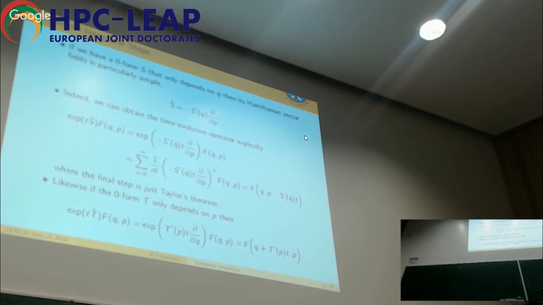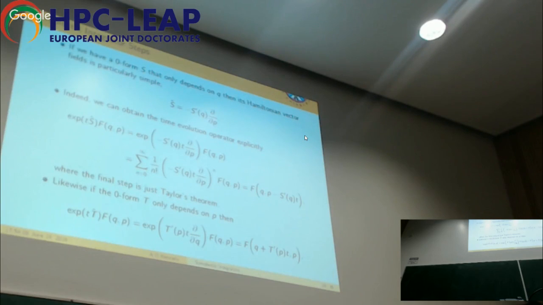The Hamiltonian vector field is very easy. It's just minus the derivative of S, which only depends on Q, times d by dp. In general there would be two terms: one with d by dp and another with d by dq. But the coefficient of d by dq is the derivative of S with respect to p, which of course is 0, because S doesn't depend on p.